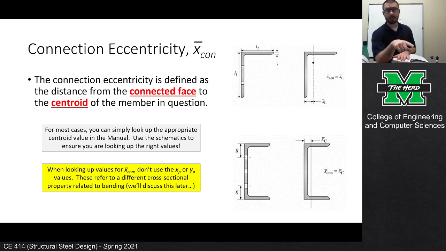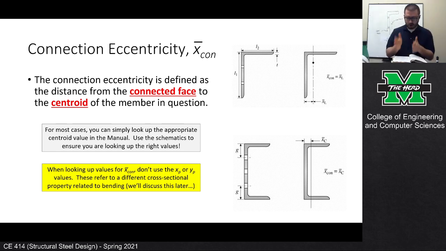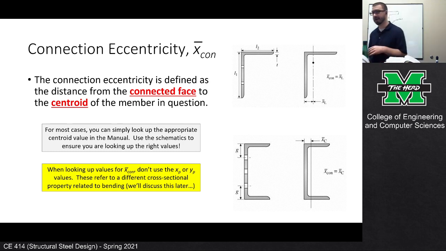Now, this yellow box is kind of important, and I want to make sure everybody's paying attention. I want everybody to turn to page 1-38 so that we're all looking at the channels. You could look at the channels or the angles, but just to make sure that we're on the same page, 1-38. I'll give you a sec on that.